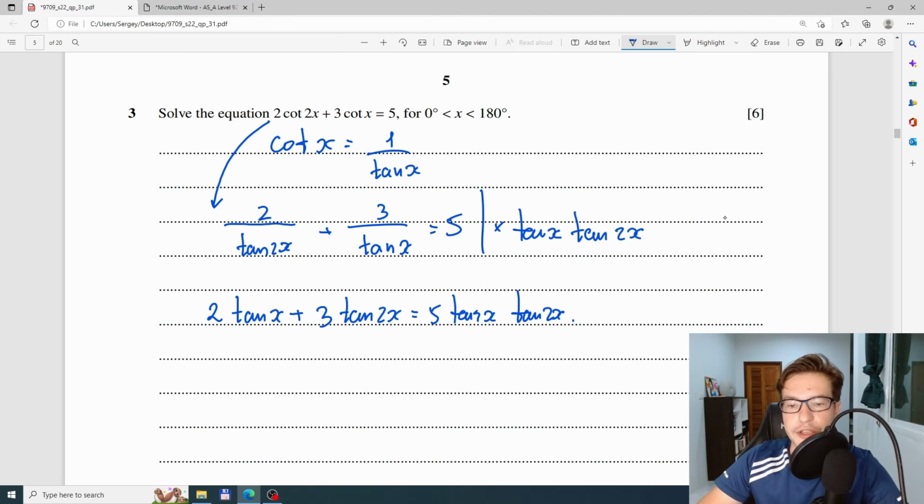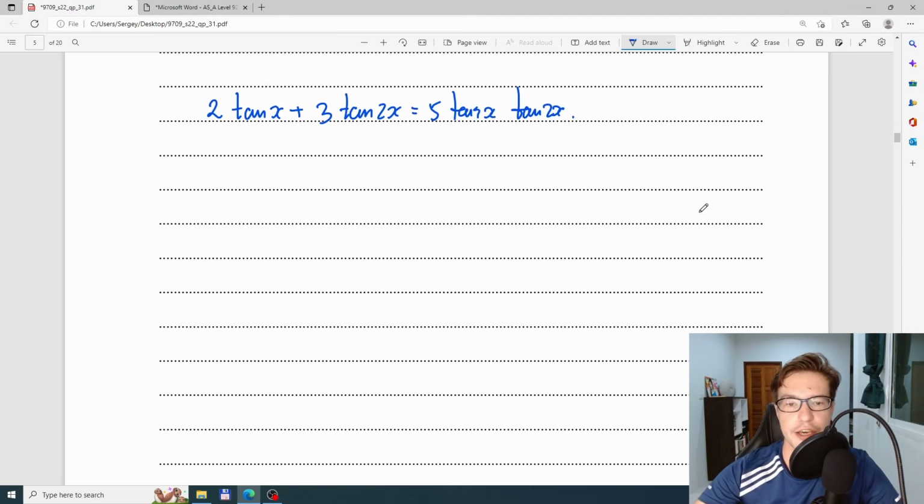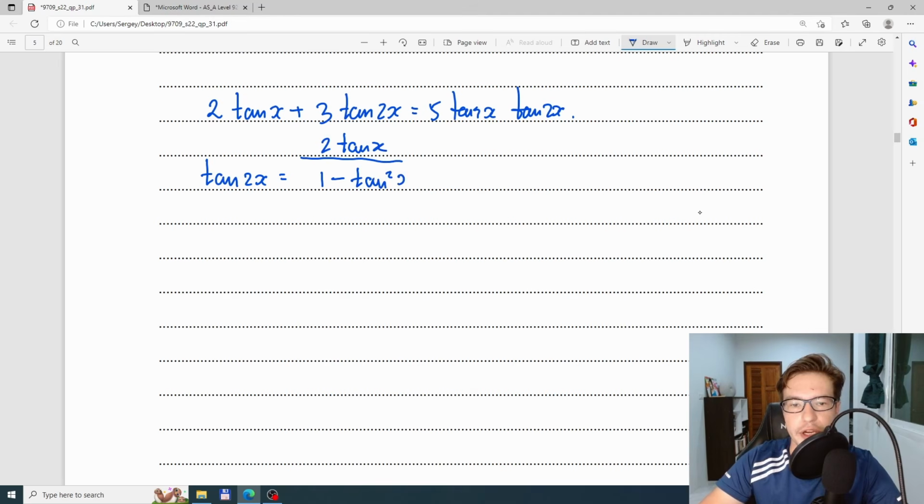Okay, next, I don't want to have tangent x and tangent 2x, so I can use the double angle formula for tangent, which is tan 2x equals 2 tan x over 1 minus tangent squared x. Okay, so I will replace tangent 2x with this expression.